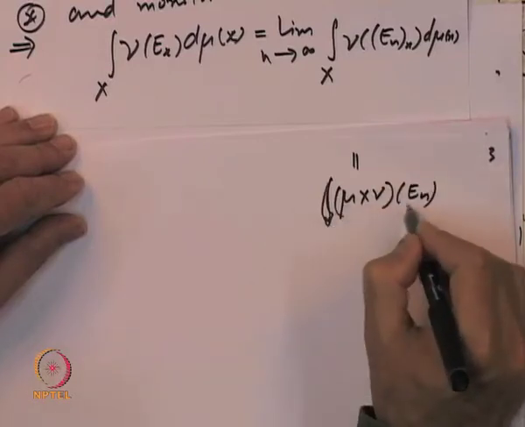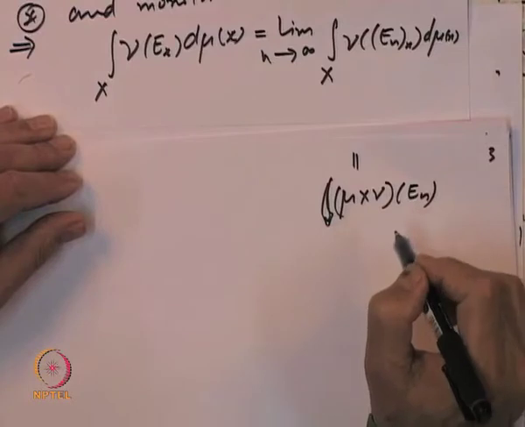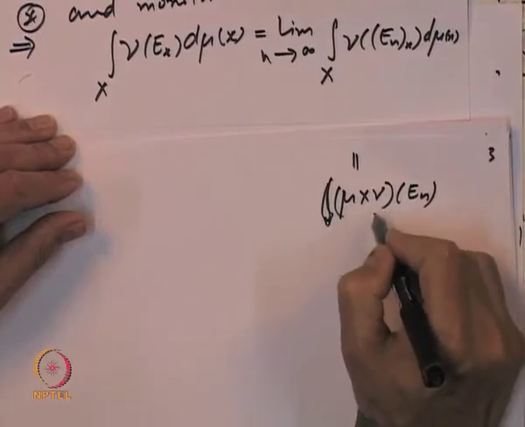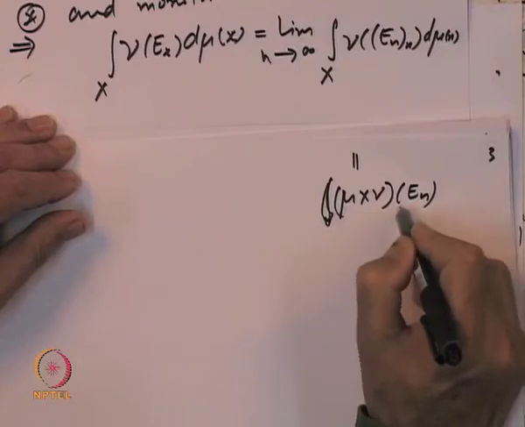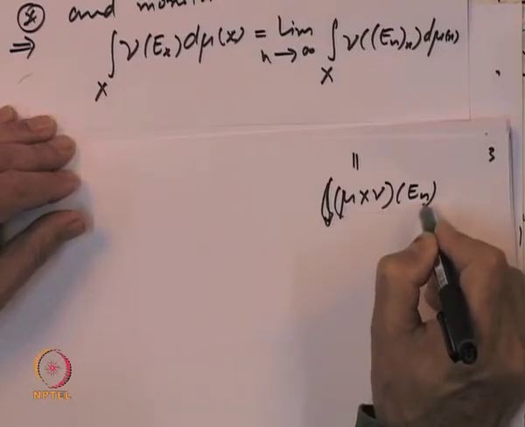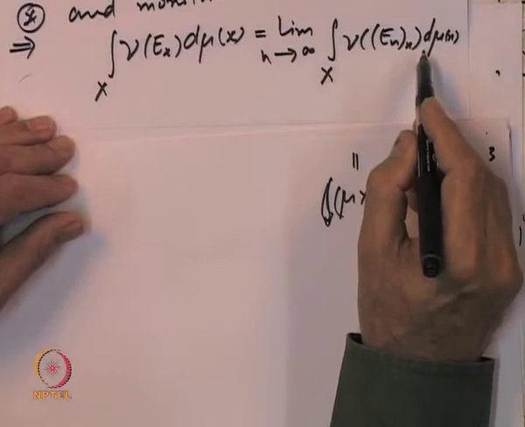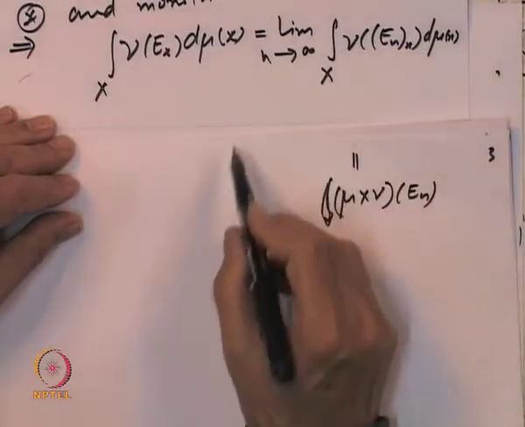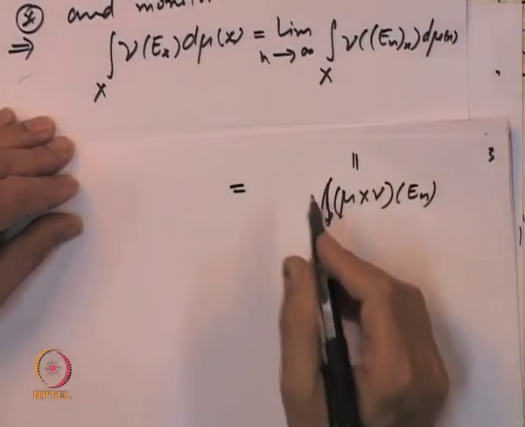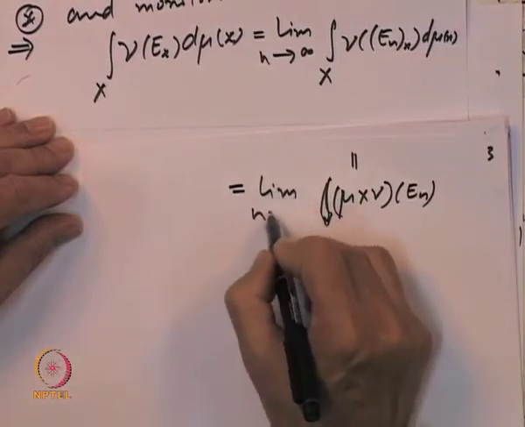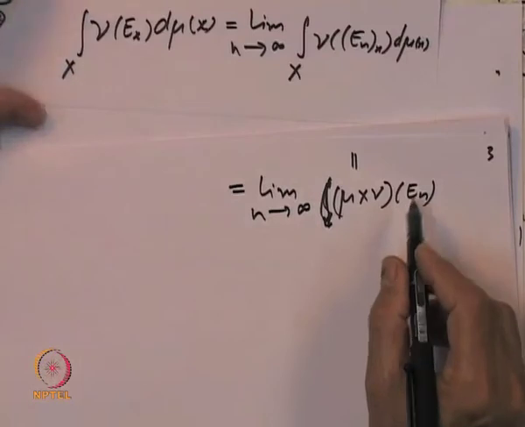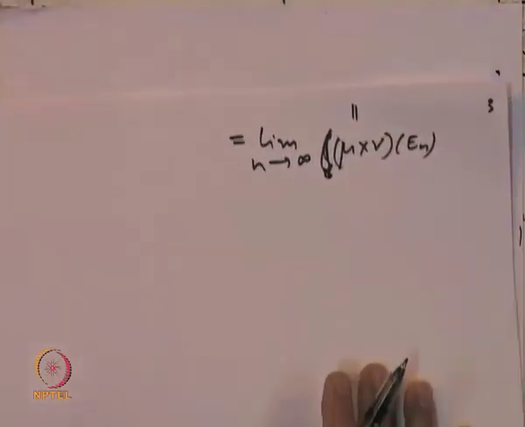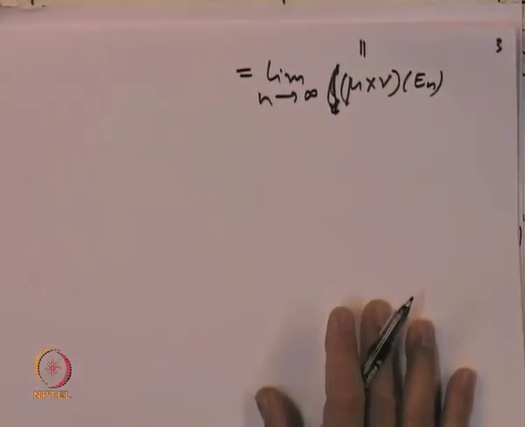That is because E n belongs to the class P. So, by the third property of that collection of sets in P, the product measure of E n is the integral of the sections with respect to x. So, we can say that this integral is equal to the limit as n goes to infinity of mu cross nu of E n. Once that is true, we want to look at this limit.